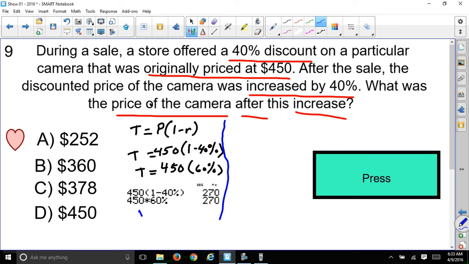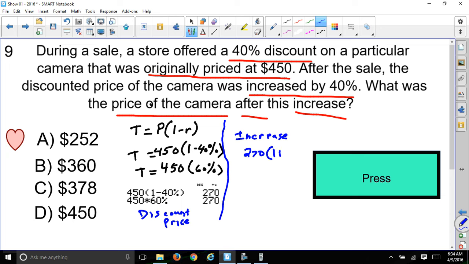So this is the discounted price. And now you're going to be taking an increase. The increase is from the discounted price, $270, and that's going to be increased.